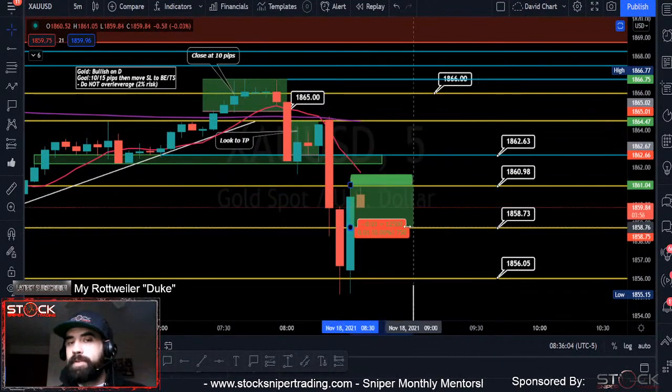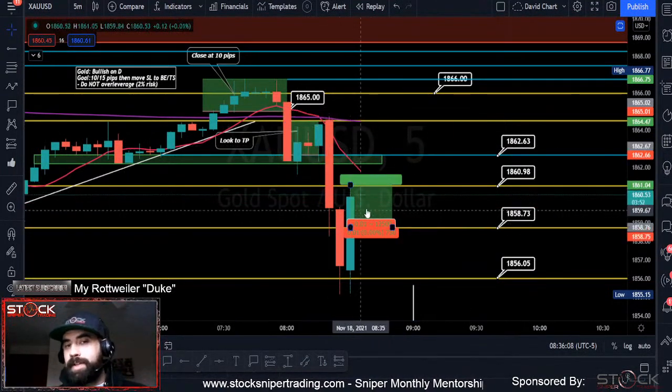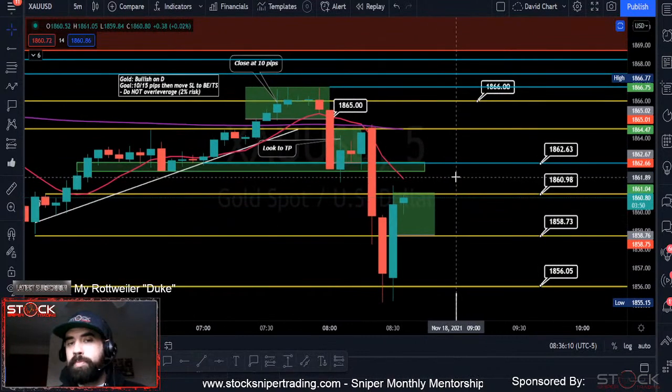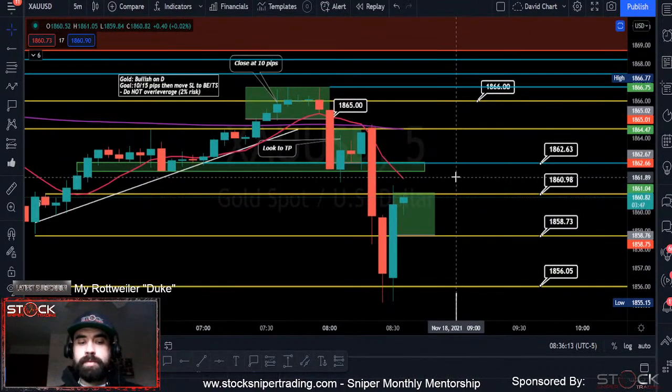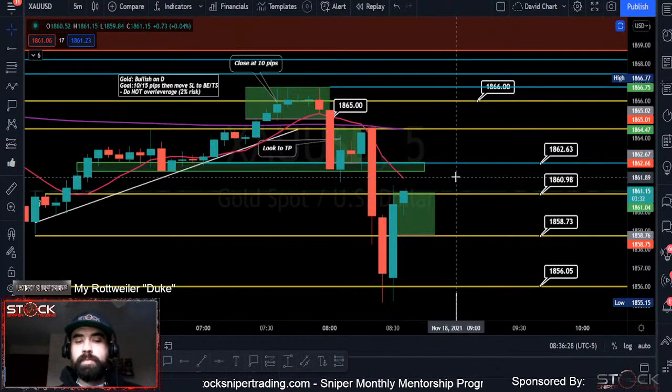Remember what happened over here. Okay, pullback, all right? It's still looking nice, so we just got to have that overall push continuation here. Let's go, guys. Break above here. There we go. We're running, guys.